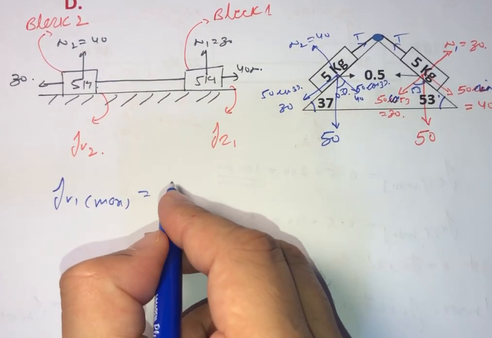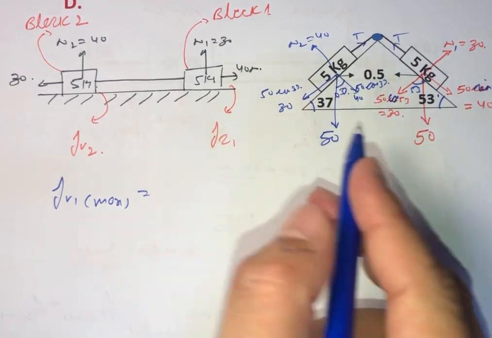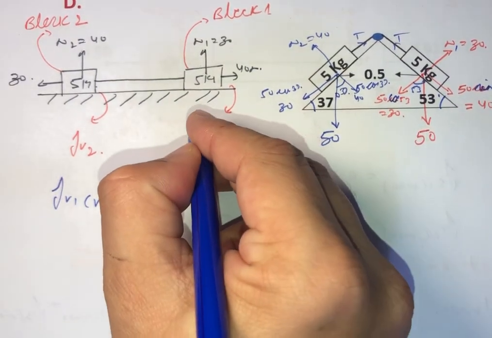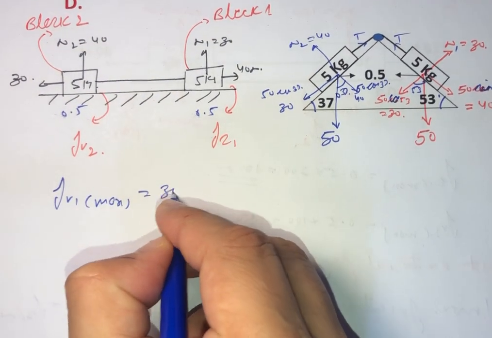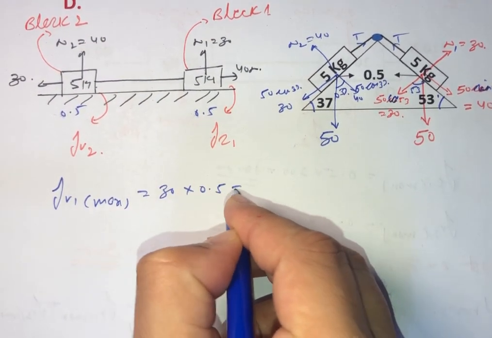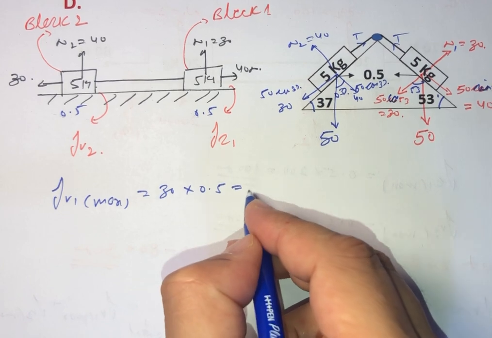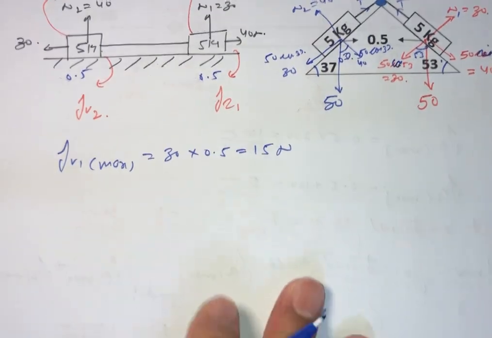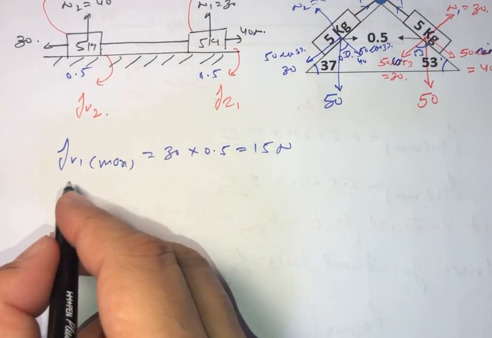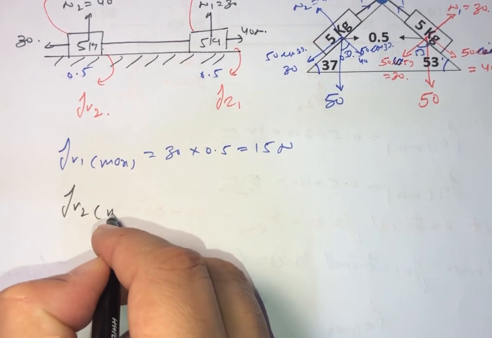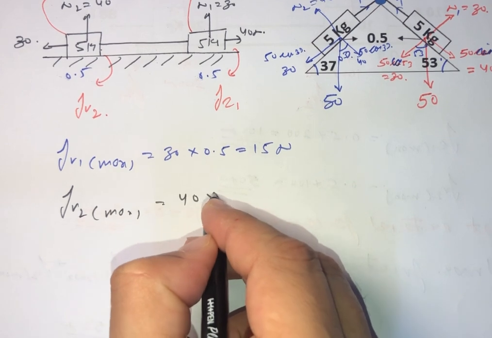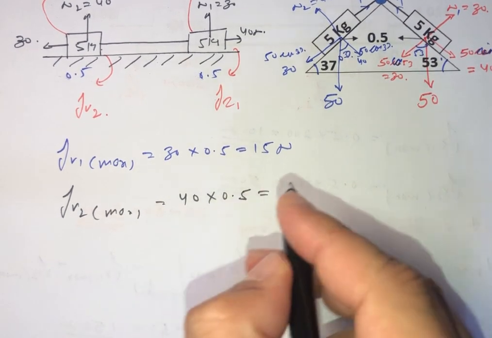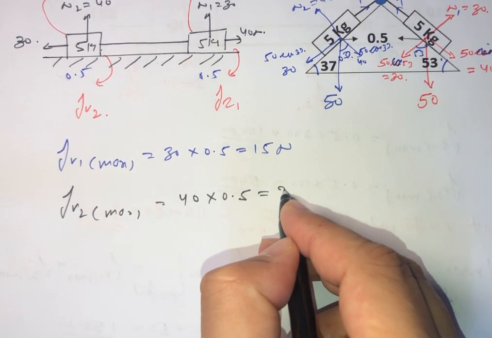So once again we find out the value of FR1 max, which will be equal to 30 into the coefficient of friction, 0.5, which will be coming as 15 Newton, and we have our FR2 max, which will be equal to 40 into 0.5, which will be coming as 20 Newton.